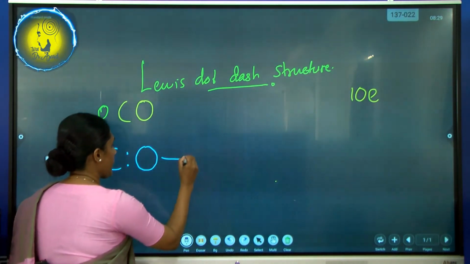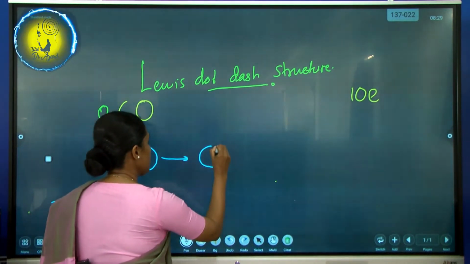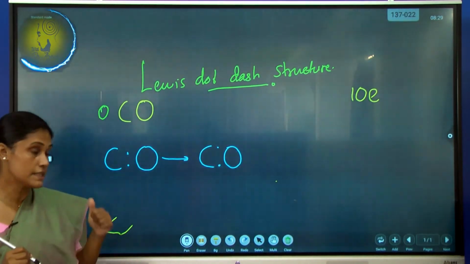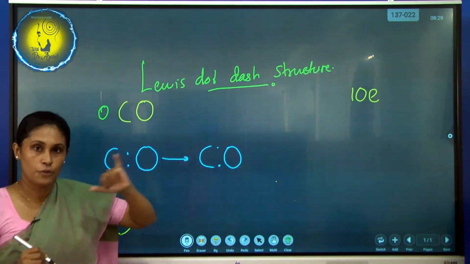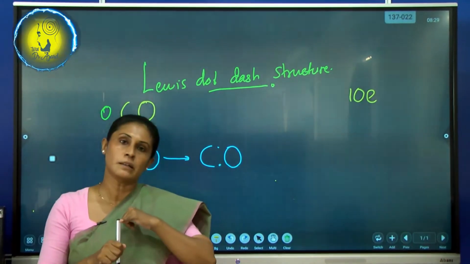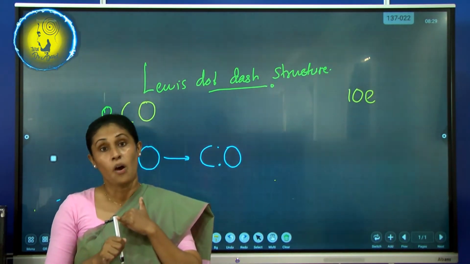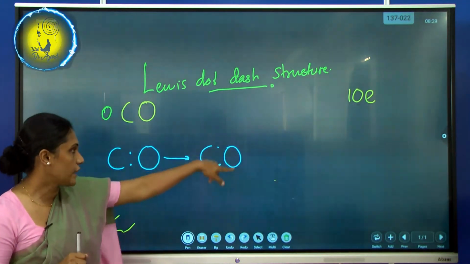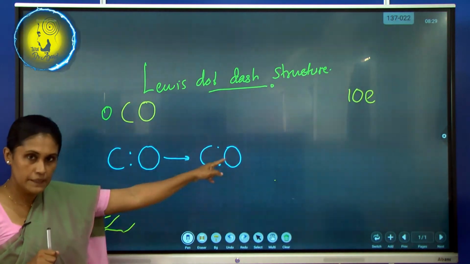Then the second step, now tell me what is the more electronegative element here? What is the more electronegative atom here? That is oxygen. You can remember atoms always try to complete the octet, right? So therefore the more electronegative atom is oxygen, and it tries to complete the octet.